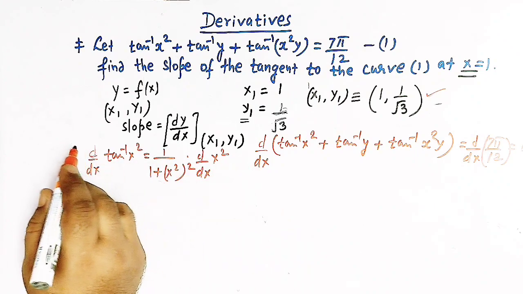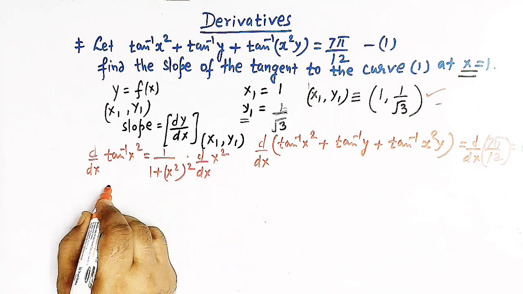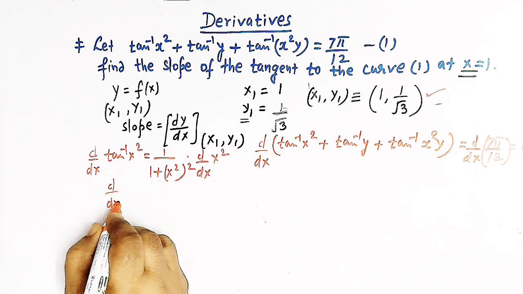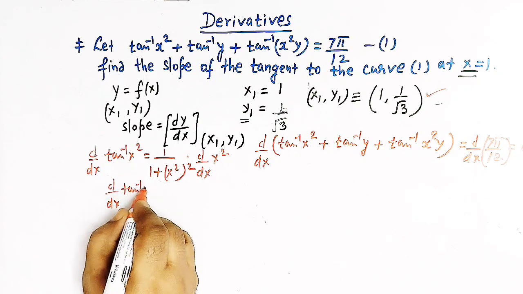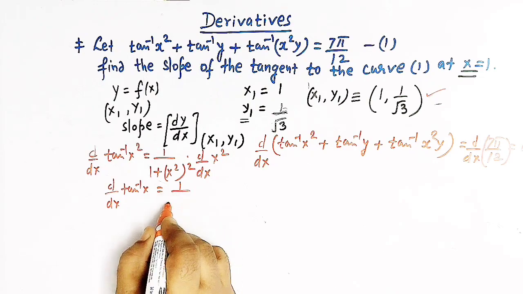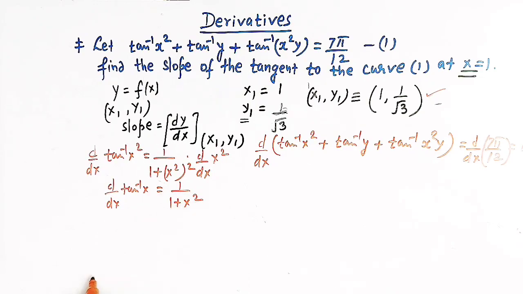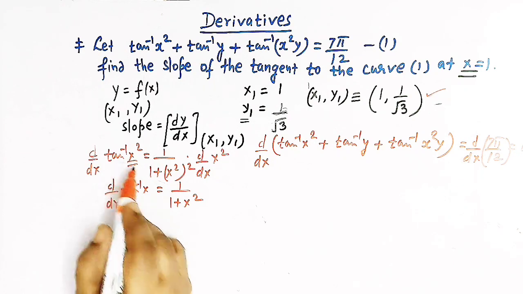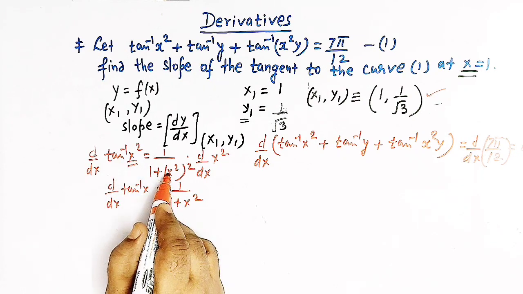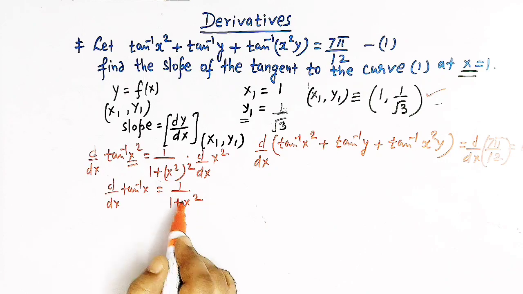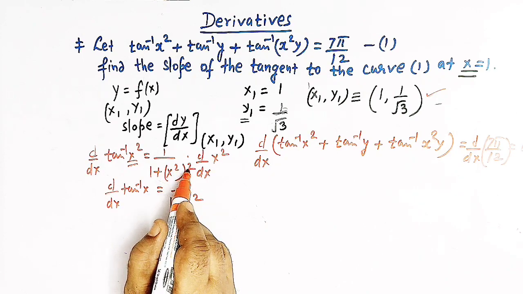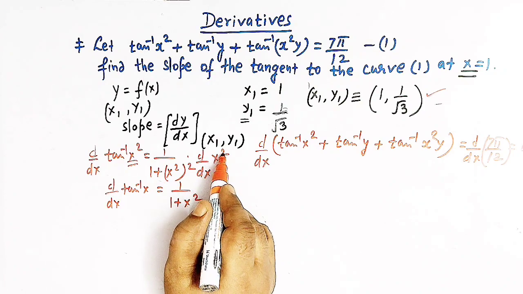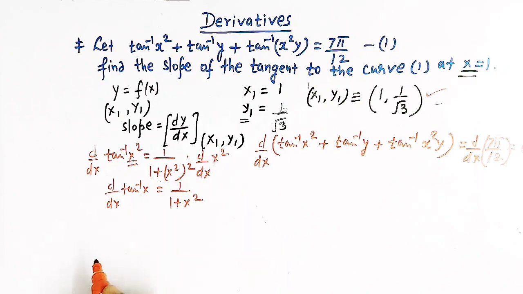Here we have used the result that the derivative of tan inverse x is equal to 1 over 1 plus x square. Here we have x square, so we have replaced this x by x square, then we have x square whole square, and then by chain rule the derivative of x square with respect to x.